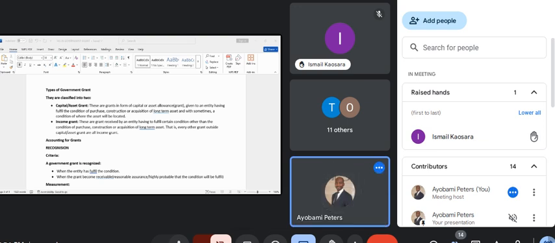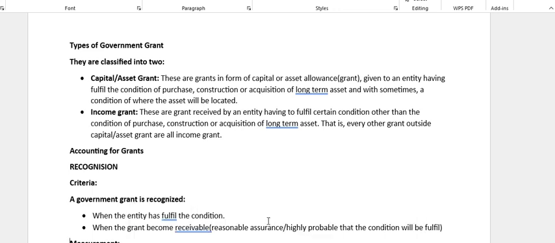So we have two types of government grant. We have a capital or asset grant, and we have income grant. Capital or asset grants are allowances or grants that are given to an entity having fulfilled the condition of either purchasing, constructing, or acquiring a long-term non-current asset.